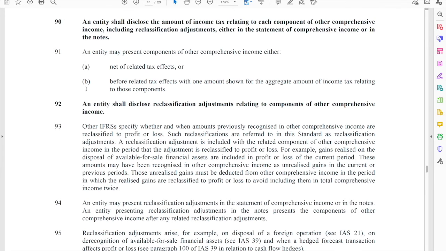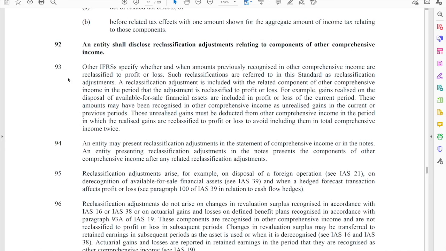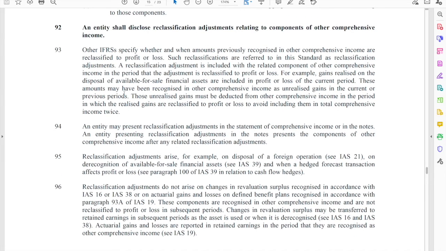So, based on paragraphs 93 to 96, certain parts of other comprehensive income are reclassification adjustment, arise from disposal of foreign operations, and reclassification adjustment that do not arise in changes in revaluation surplus recognized in profit or loss.